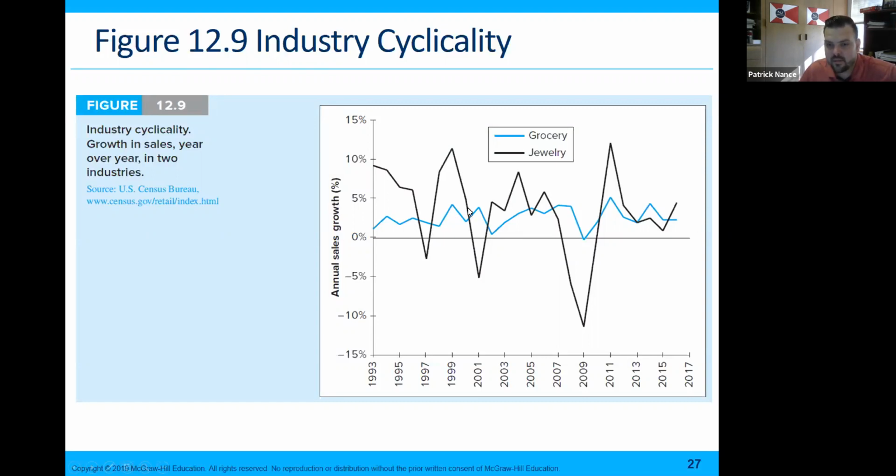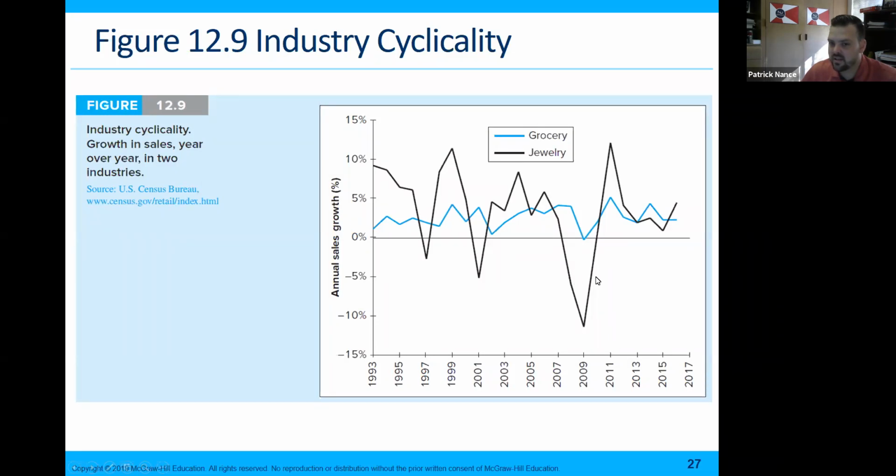If you think about it, this kind of makes sense. Jewelry is something you don't necessarily need. Jewelry is something you usually buy when the economy is doing well, generally not when the economy is doing poorly. You can quite literally go through here and pick out some of the recession areas. In several charts already, we've seen the early 2000s recession.